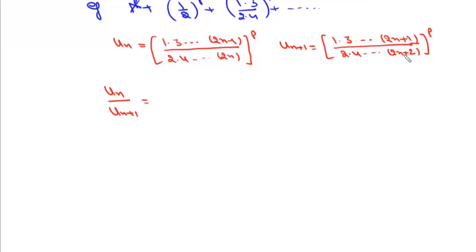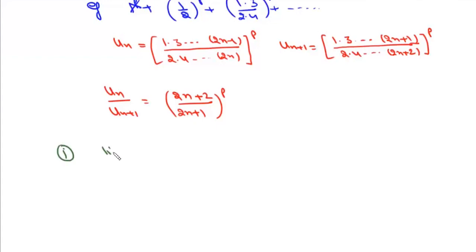This 2n minus 1 will cancel and this 2n will also cancel, so we'll get (2n plus 2) upon (2n plus 1), whole to the power p. Now first we'll use D'Alembert's ratio test.